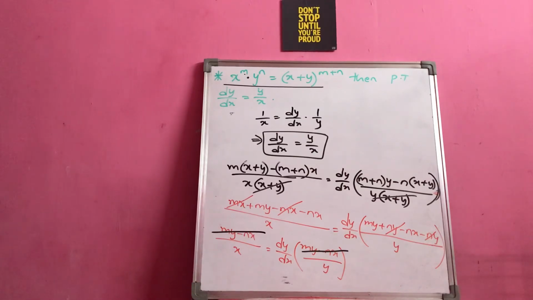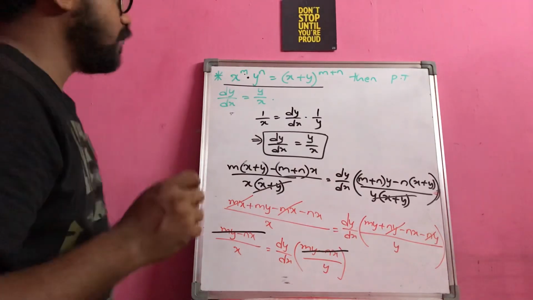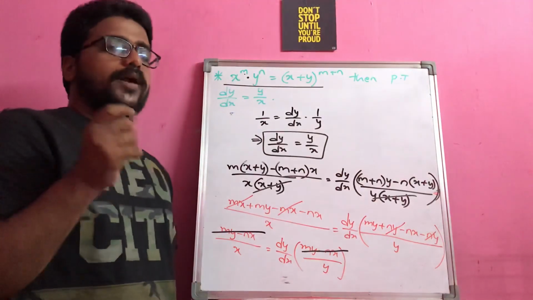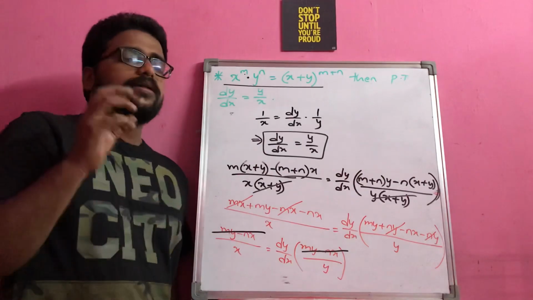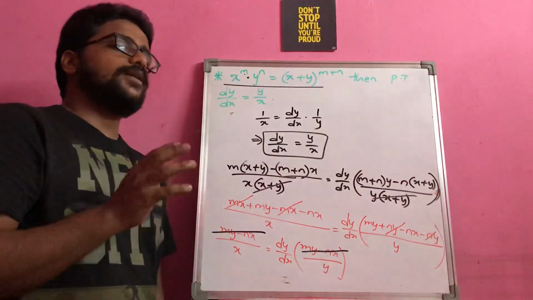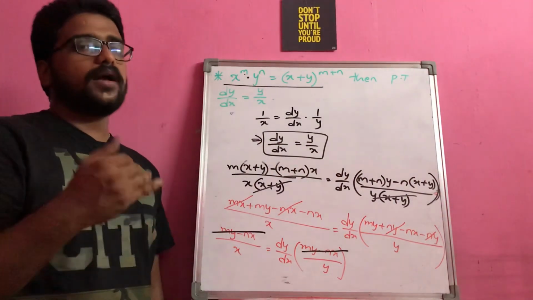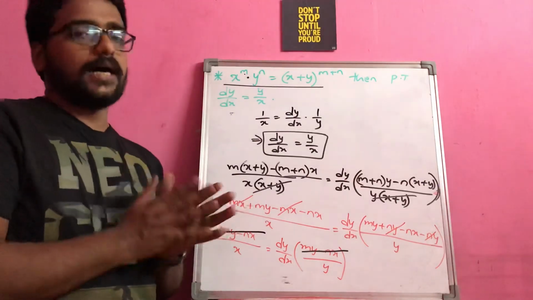Once you apply the logarithm on both sides, the majority of the complexity will get reduced automatically, and then you just have to look for the value of dy by dx to get your required answer. And one more important point is, depending on the required proving part, you have to bring the question into the solving part, so that if you just substitute it, your calculation will become simple and you will get your required answer.